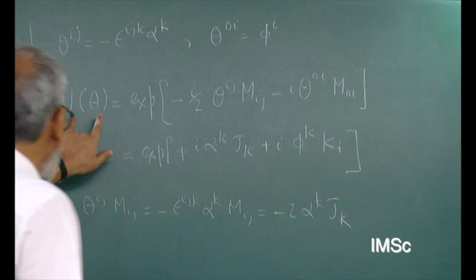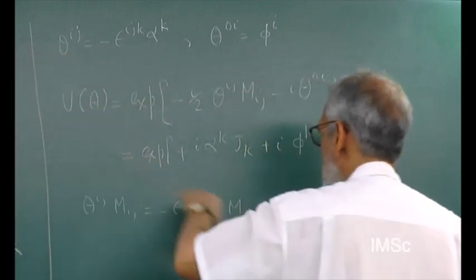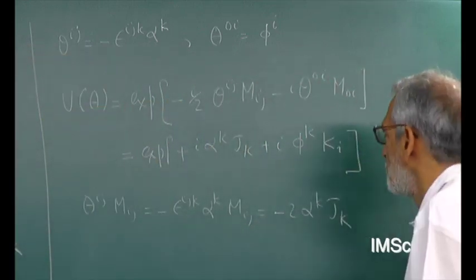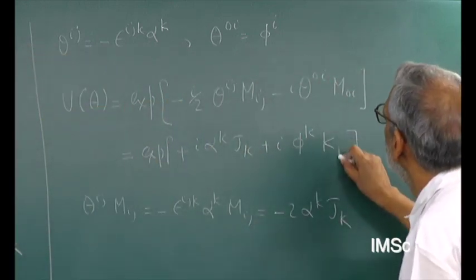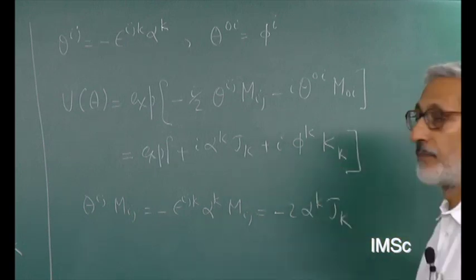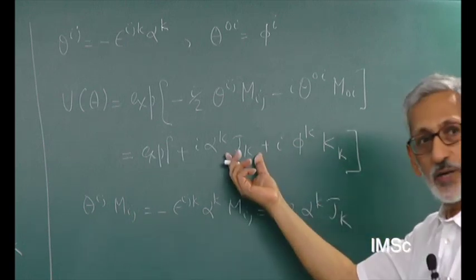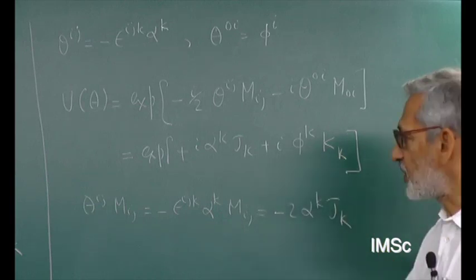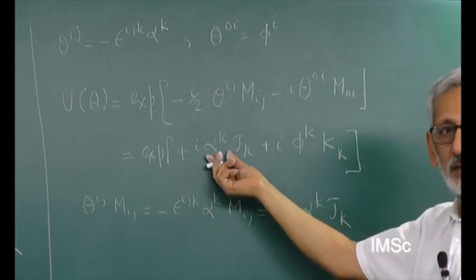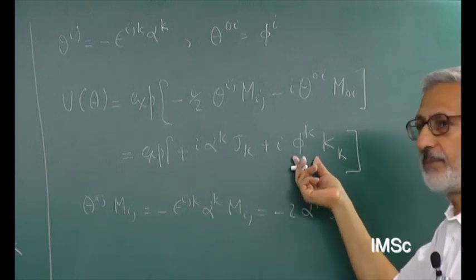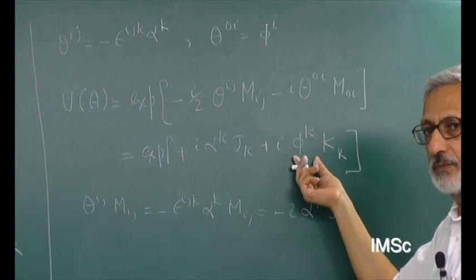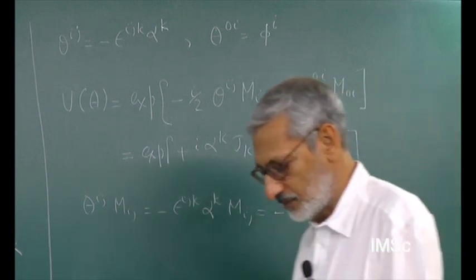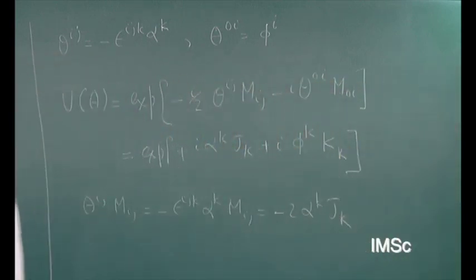So the general Lorentz transformation in terms of these renamed generators, where we have separated the rotation part and the boost part, can be written like this in terms of three parameters here, alpha k's, and three parameters here, phi k's. So that is an intermediate step.